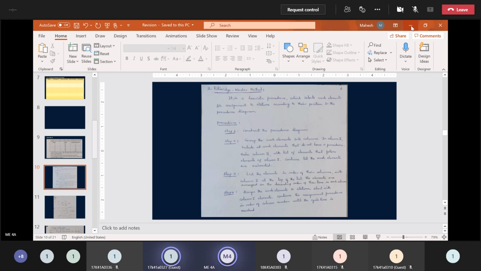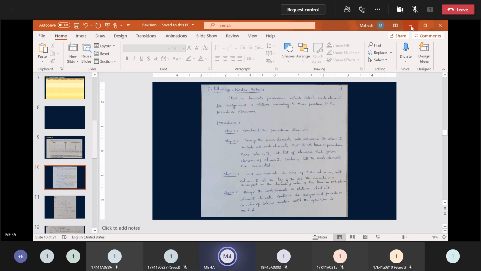In those 8 questions, how many would be problems? We can't say now. At least you can expect one problem. It can be from anywhere, whether from line balance efficiency or whatever models we discussed now.